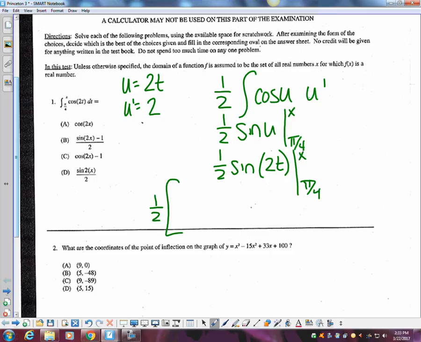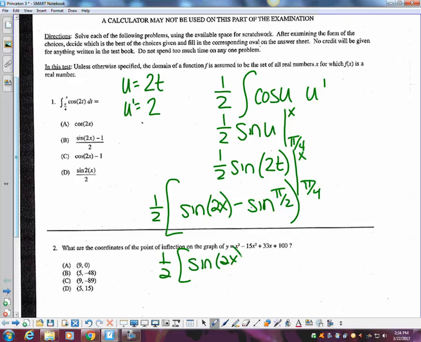So 1/2 sine of 2x minus 1/2 sine. Now 2 times pi over 4 would be pi over 2. So 1/2 sine of 2x, and sine of pi over 2 is 1. And if I look at multiple choice, looks like B.